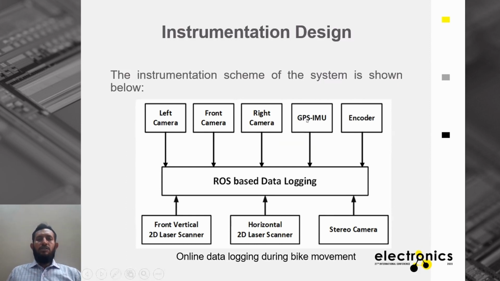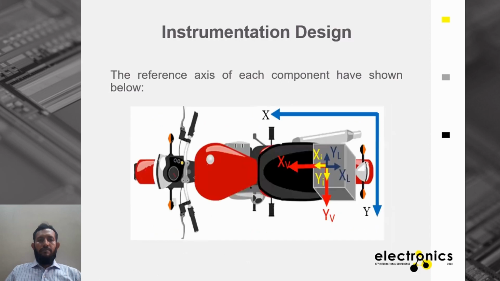And then we have one GPS IMU sensor, which gives us the acceleration of the bike and the GPS values, latitude and longitude, of the motorbike. Then we have also utilized three cameras, front, left, and right, to capture the environment where we are moving. This is the picture in which we are explaining the reference frames in which the motorbike is moving.